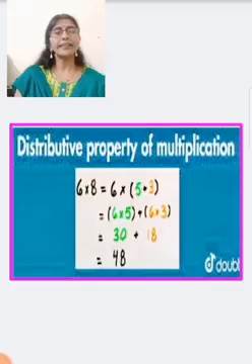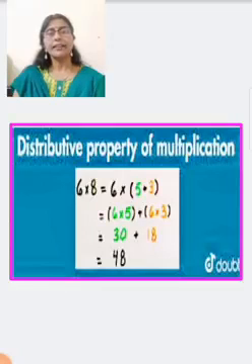So 30 plus 18 is equal to 48. Now you see the left hand side of this example. 6 multiplied by 8, all of you know the table of 6. 6 8s are 48. So what we are getting here? On left hand side also we are getting 48. So that means LHS is equal to RHS.